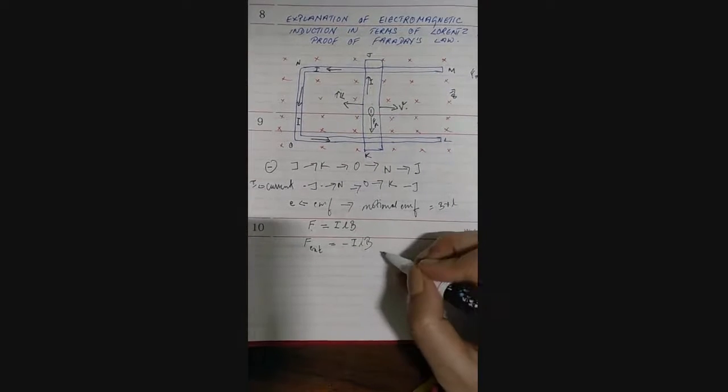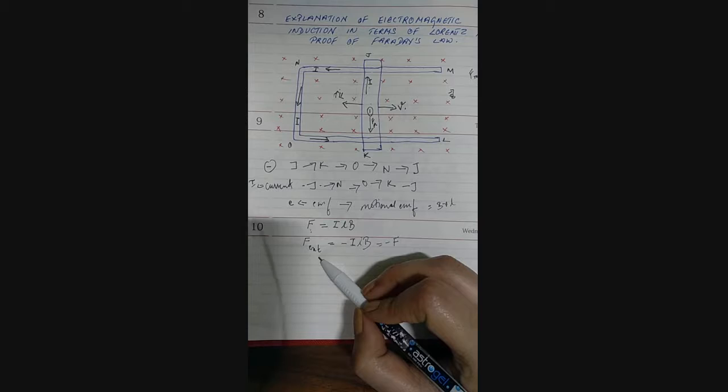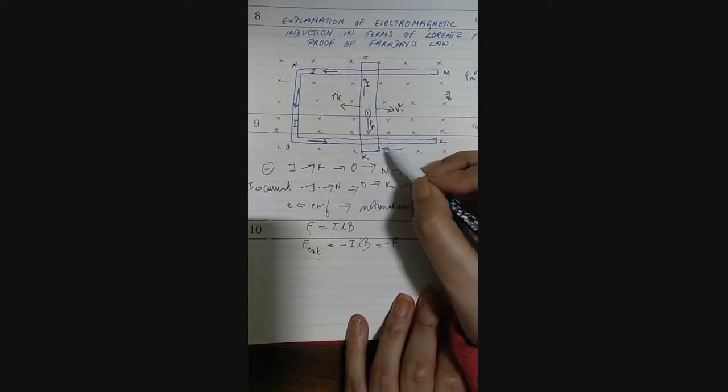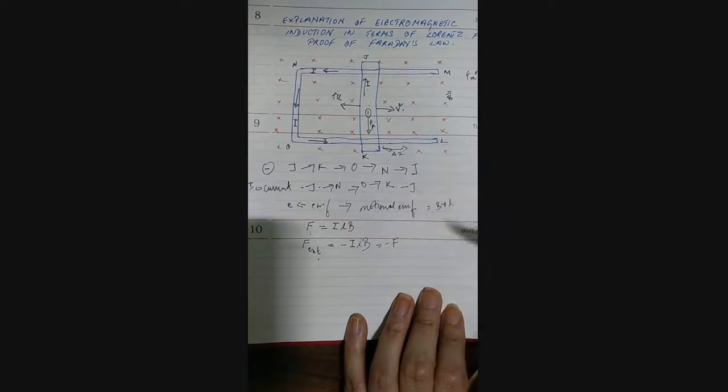So this will be, or I can write, minus F, the negative of this exact force. To apply this force, some work has to be done. When we apply some force, the rod will be displaced by some distance. It is initially here, so it will be displaced by a displacement del x.